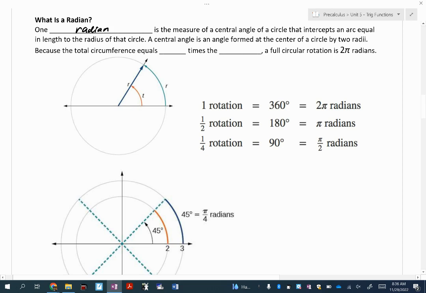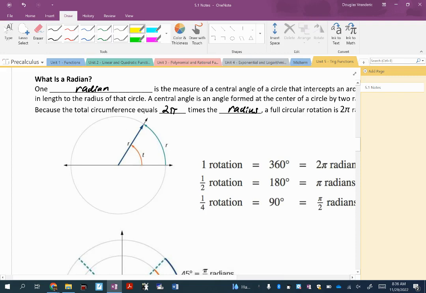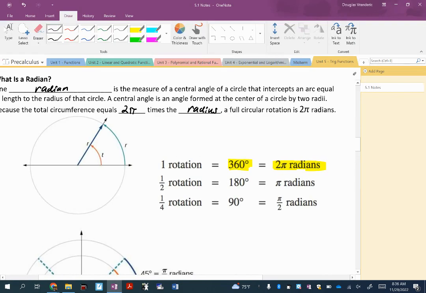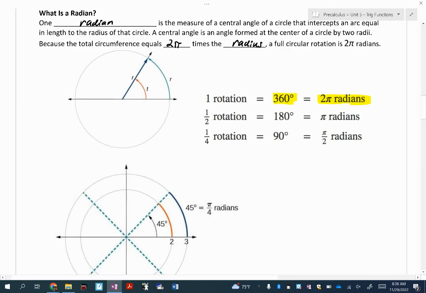All right, ultimately, at the end of the day, I just want you to know how to convert between degrees and radians. All right, so because the total circumference equals 2 pi times the radius, a full circular rotation is 2 pi radians. So understanding that 360 degrees is one rotation, that's the same as 2 pi radians. So you're going to go ahead and memorize that. We'll be using that relationship later on in this lesson.